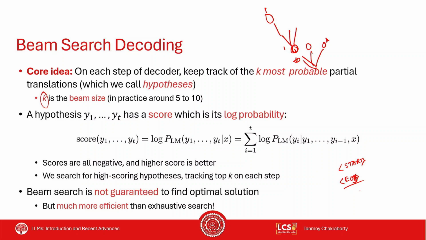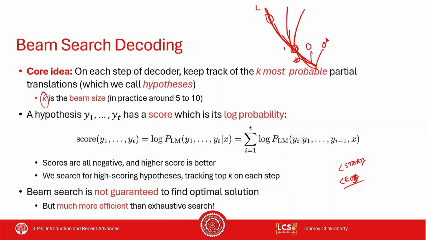So let's say this branch will lead to the end token, this branch will also lead to the end token, and this branch will also lead to the end token. So there are multiple branches. Each of these branches is called a hypothesis. Why hypothesis? Because we do not know which of these branches is correct. Therefore, this is called a hypothesis.